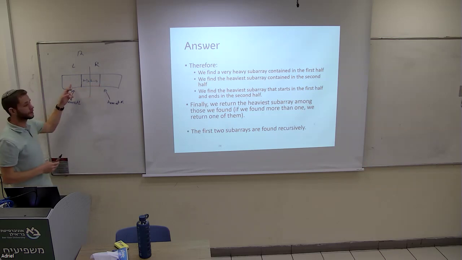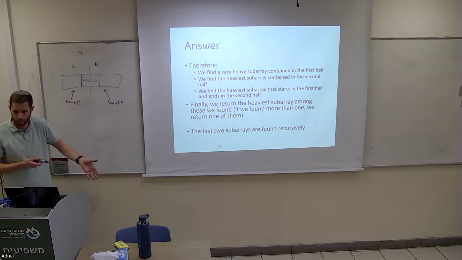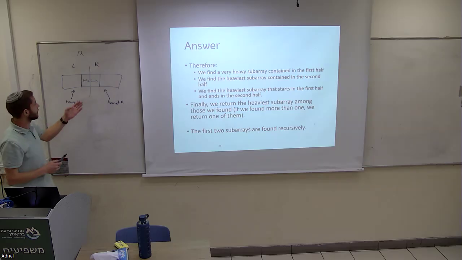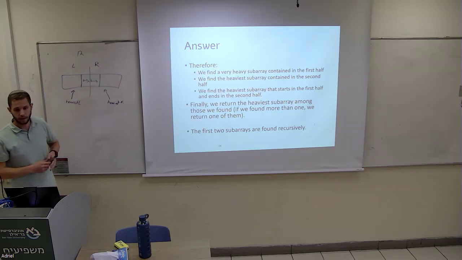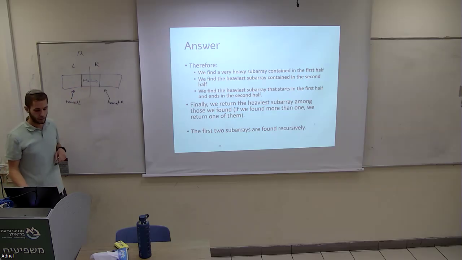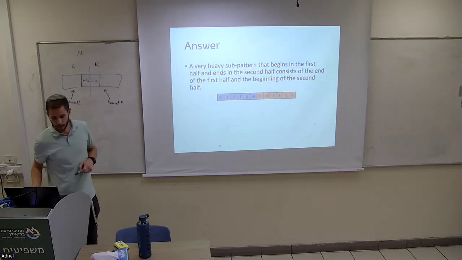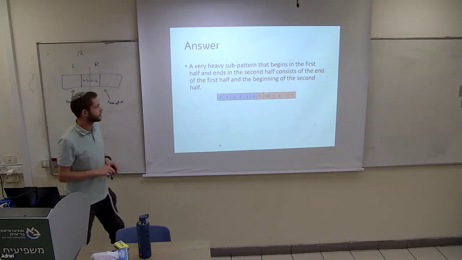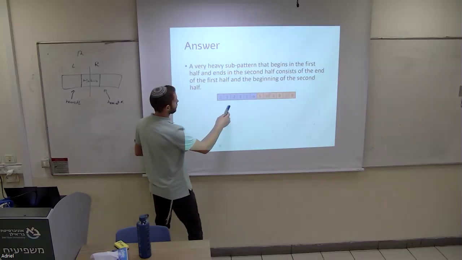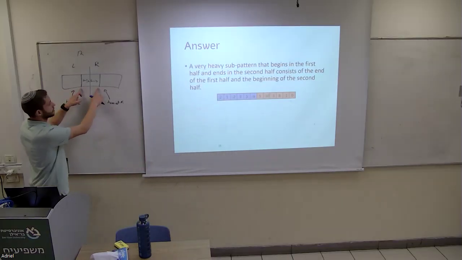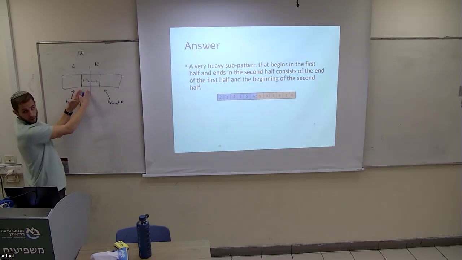Okay, so the first one is very easy to calculate. It's just from the recursion. But now how do we get the heaviest one that starts in one half and ends in the other? Basically, if it starts here and ends here, it's a suffix of this one, the ending of this array.